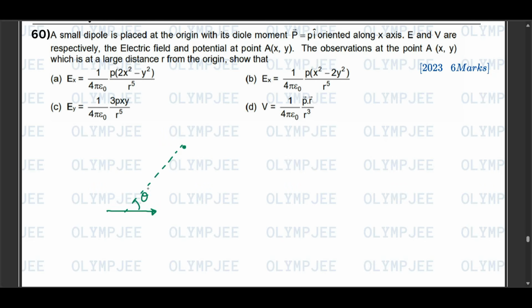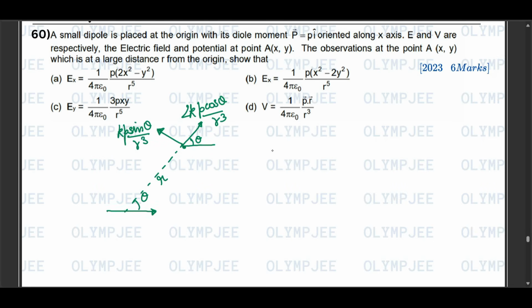If this is theta and this is r, then in this direction the field is given as 2 kp cos theta by r cube, and in this direction it is given as kp sin theta by r cube, right?